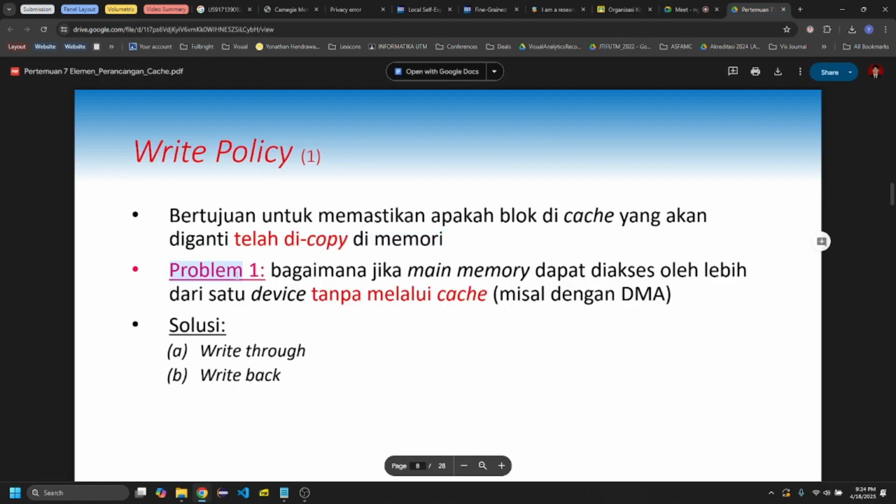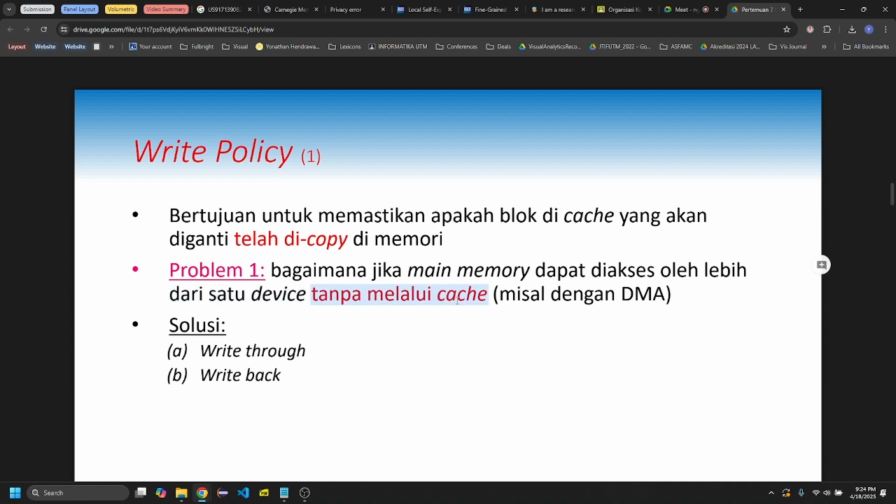First problem: what if the main memory can be accessed by more than one device without going through the cache? For example, using DMA. I already talked about DMA.